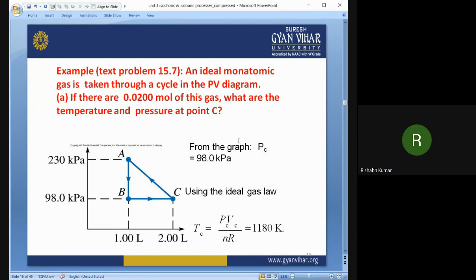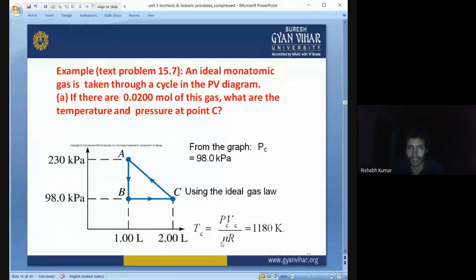From the graph, we know the pressure at C, in kilopascals. Using the ideal gas law, we know P, and R.